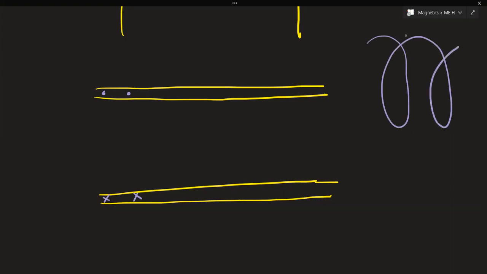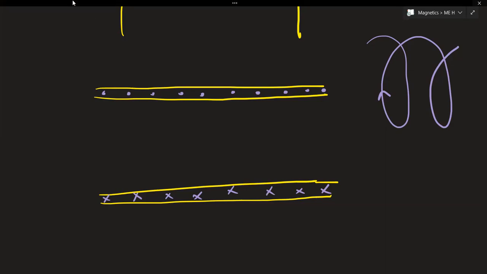These were the windings of the coil. If the current from here is coming out, then the current is going into the page, so like this we are drawing it. All these are outwards. All these are inwards. Fine.